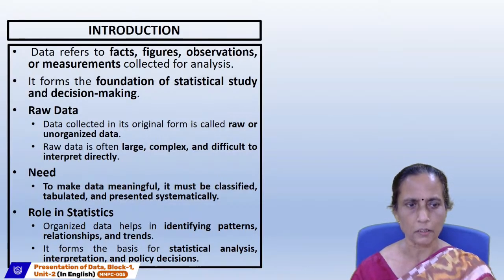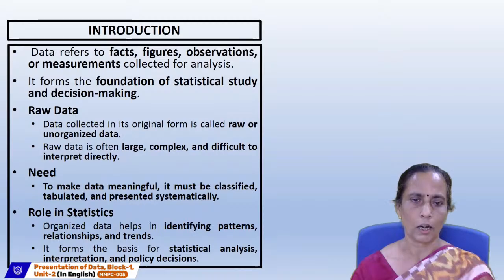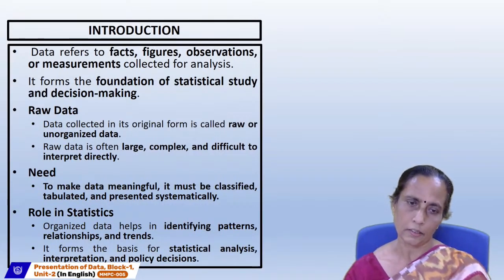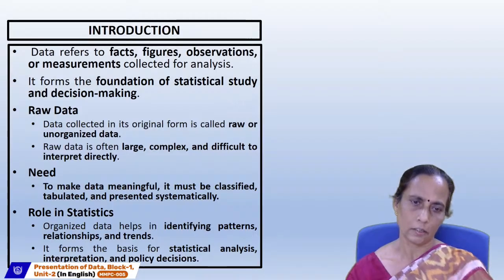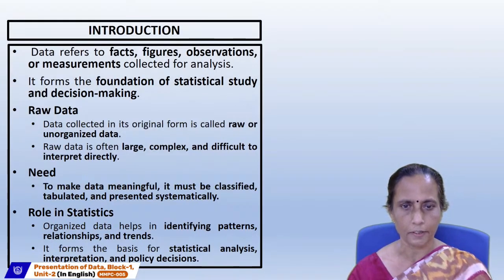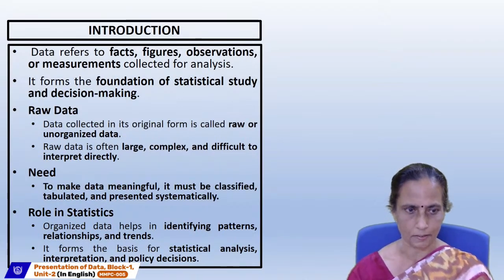So to make your data more meaningful, it needs to be organized. By organization, I mean we need to classify it, we need to tabulate it, and we need to present it in such a fashion that the decision maker is in a position to visualize whatever data is required for him at a glance.